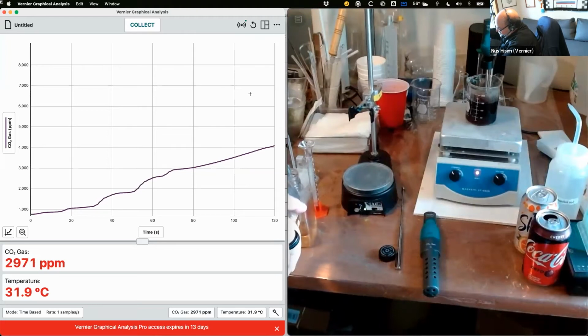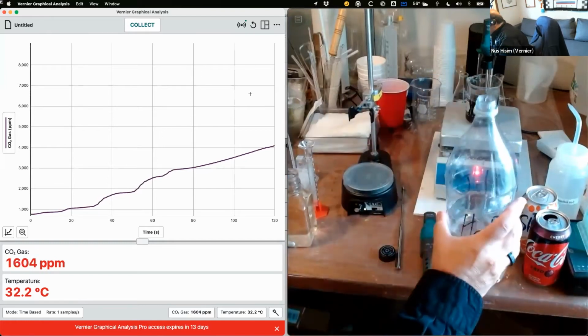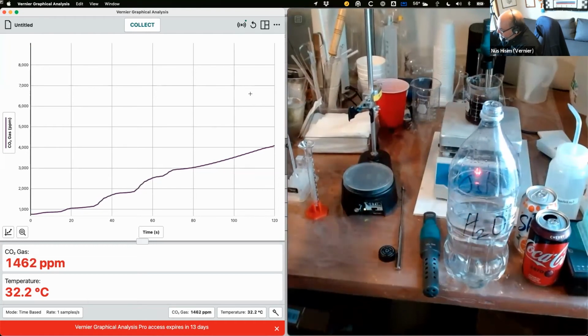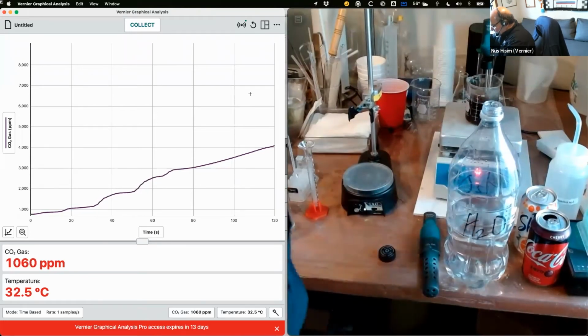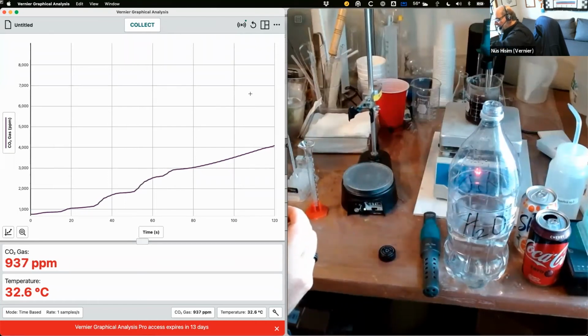If you want to fill in that shared table I gave you, I'm going to eventually need to write those numbers down anyway, so if somebody wants to do that before I do, that would be fine. What we need is the final concentration in parts per million of the CO2, for our manual entry.